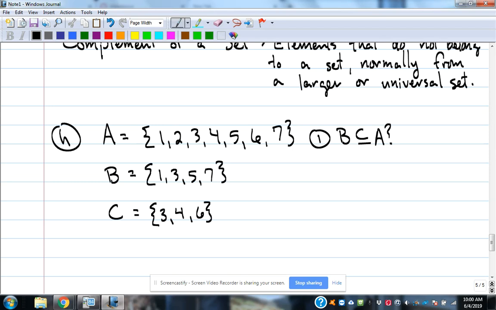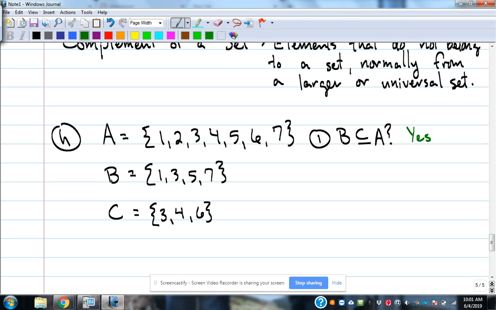All right, it's asking, is B a subset of A? Are all the elements in B in A? 1, 3, 5, and 7. So they are. So B is a subset of A.